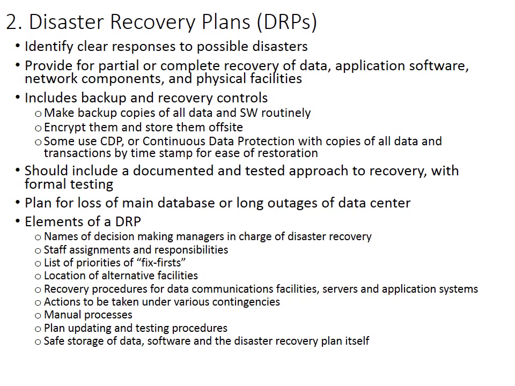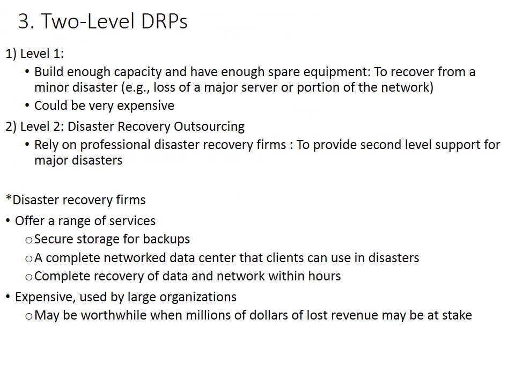Elements of a DRP are names of people in charge and their to-do list, priorities of what to fix first, alternative locations, recovery procedures, actions under various contingencies, manual processes, plan updating and testing procedures, and safe storage of data, software, and the disaster recovery plan itself.